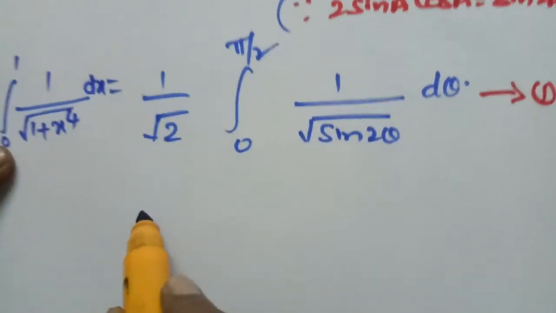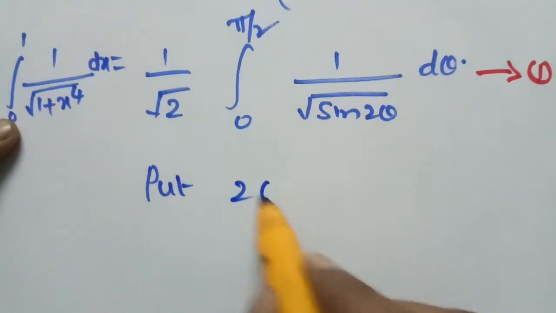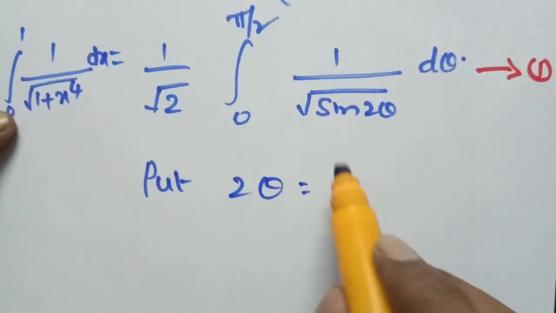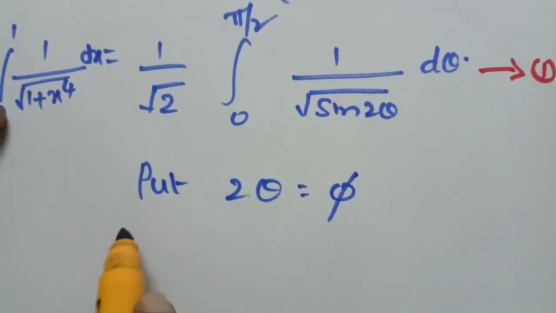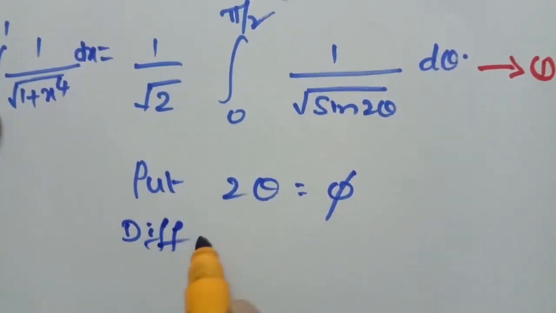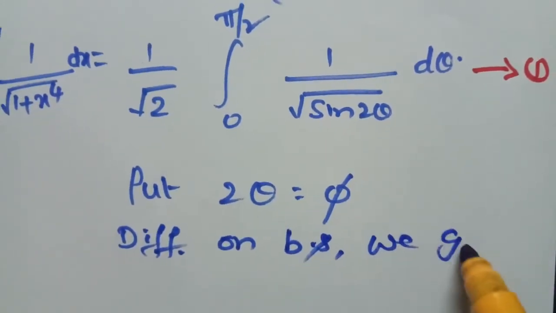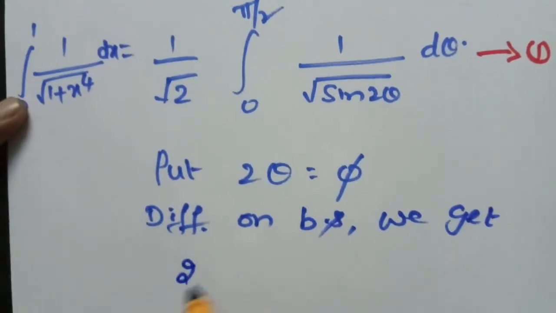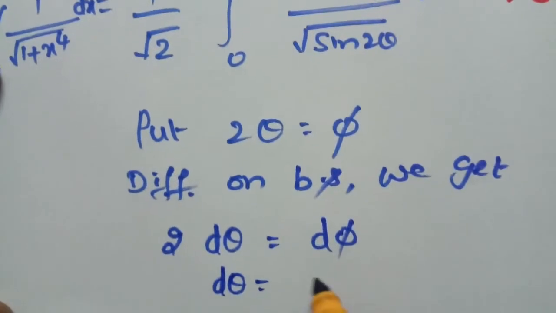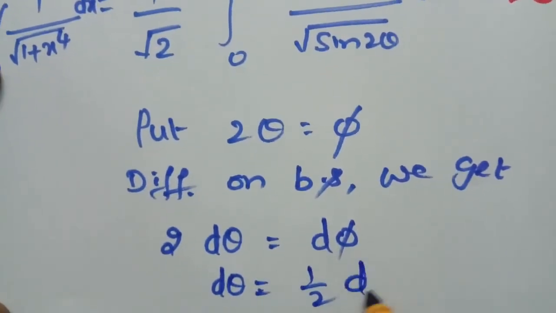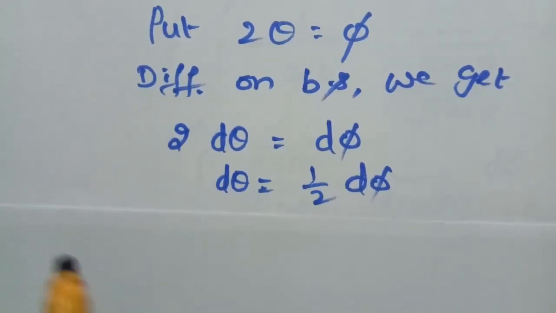Now integration by substitution, put 2 theta is equal to phi. Differentiating on both sides, we get 2 d theta is equal to d phi. Therefore d theta is equal to 1 by 2 d phi. How do the limits of theta change in terms of phi?